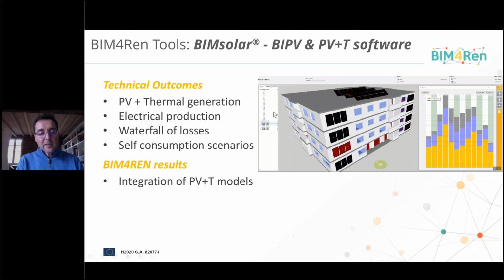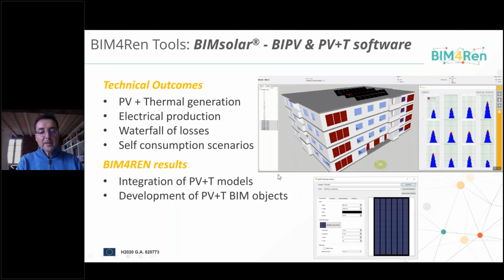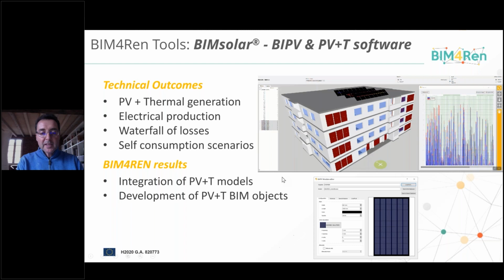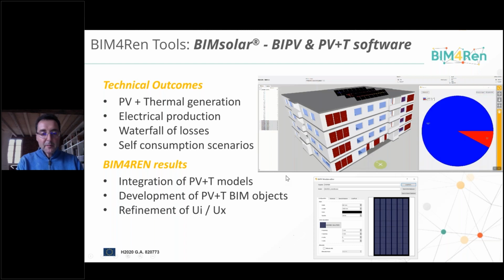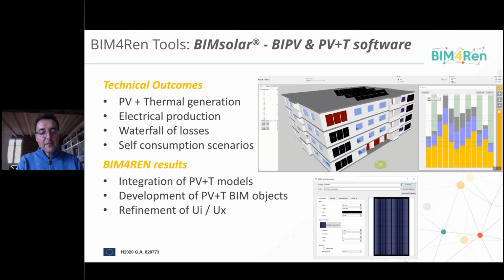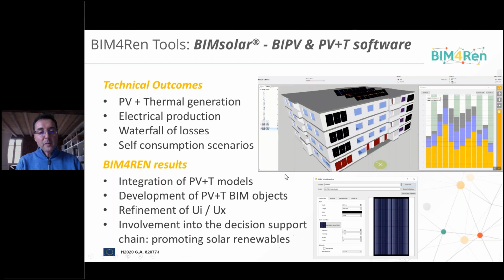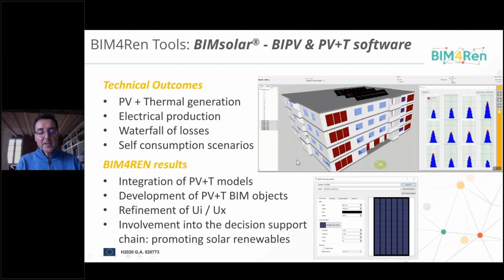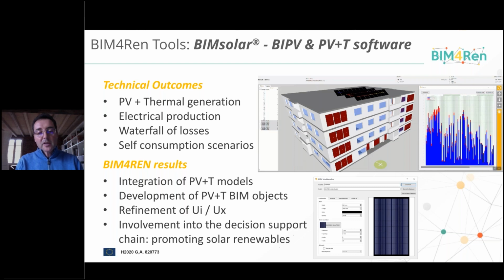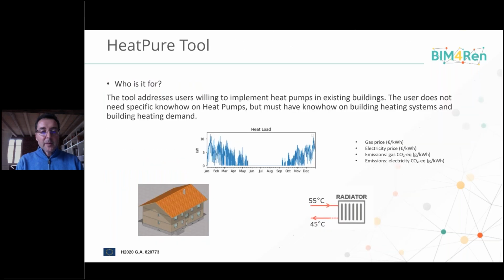The BIM4N typical results for this project are the integration of PV plus thermal models into BIMSolar, and the development of the related PV plus T BIM objects, as you can see on the picture. The refinement of the user interfaces and the user experience is still ongoing, along with the involvement in the early decision support chain, promoting solar renewables in the decision to go renovating. Thank you very much.